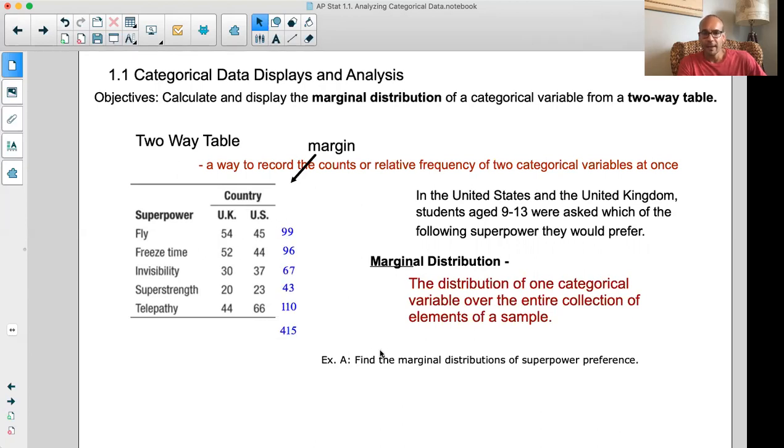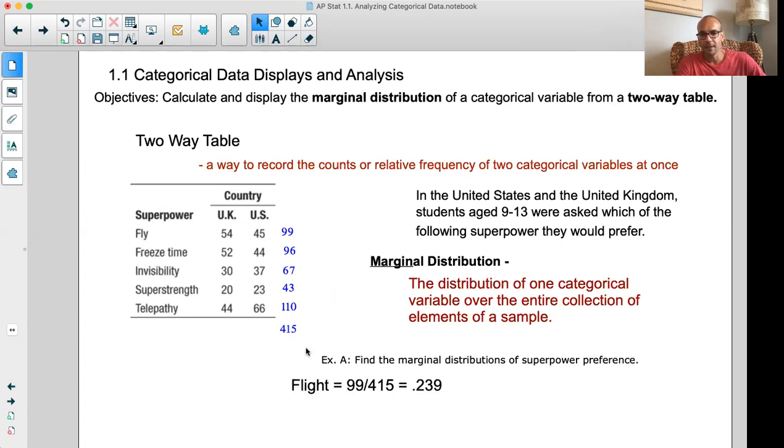So if you were asked to find the marginal distribution of superpower preference, the word marginal needs to announce to us that they want to know, out of the grand total of all the students, regardless of where they came from, what percentage of them liked this superpower, and what percentage liked that superpower. So you do need the totals in the margin, and most importantly, you need the total of the whole sample. How many students are in the sample? 415, that's going to be key.